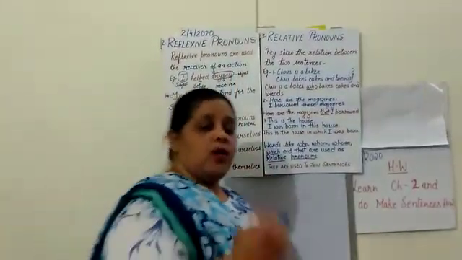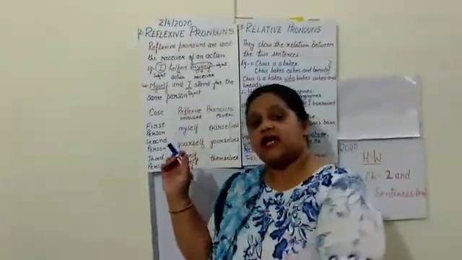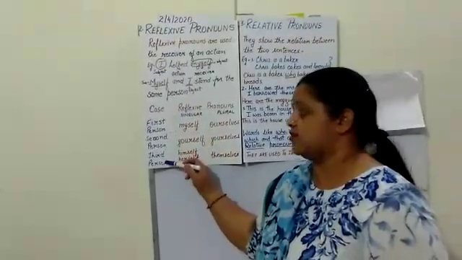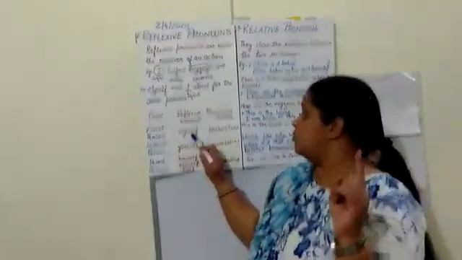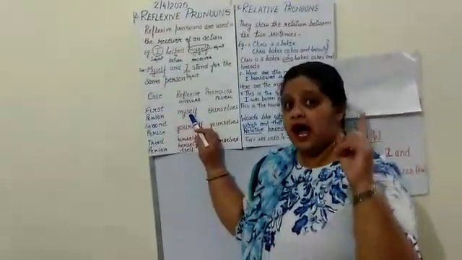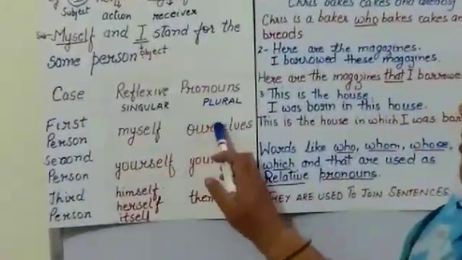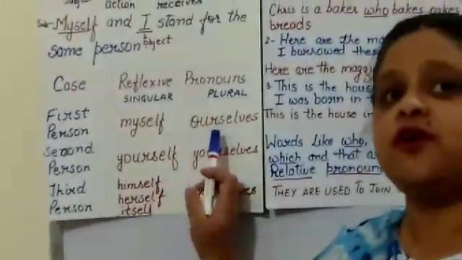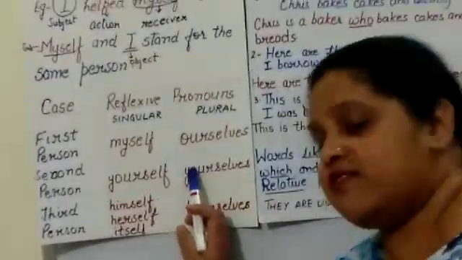Here also we can describe reflexive pronouns the same as we did in personal pronouns, with first person, second person, third person. For singular, over there you were using for first person I. Here we are using myself. For plurals, first person, there we were using we. Here we are using ourselves.